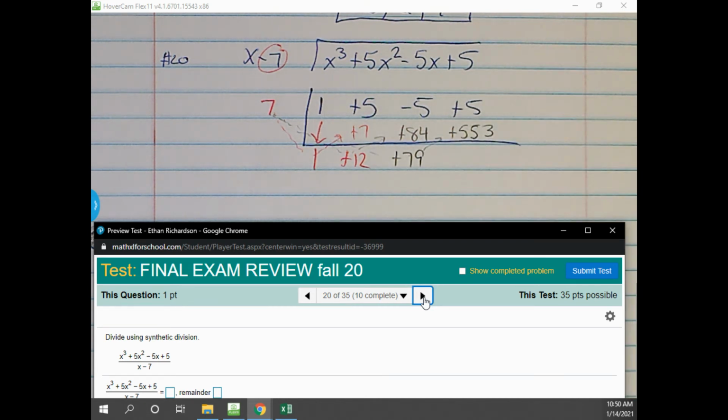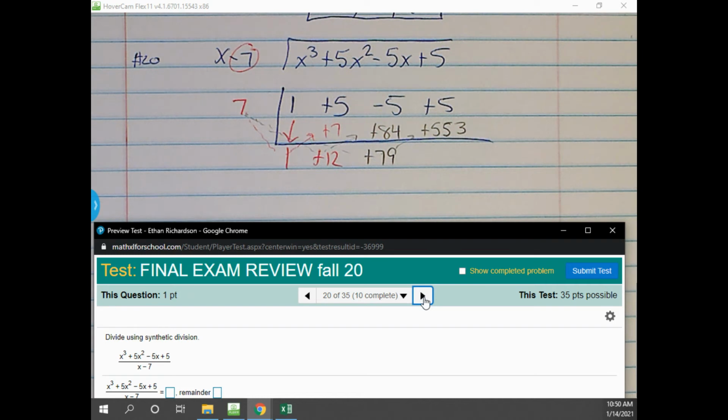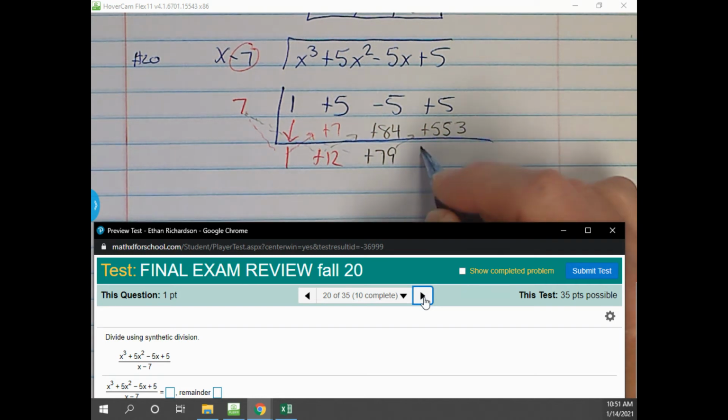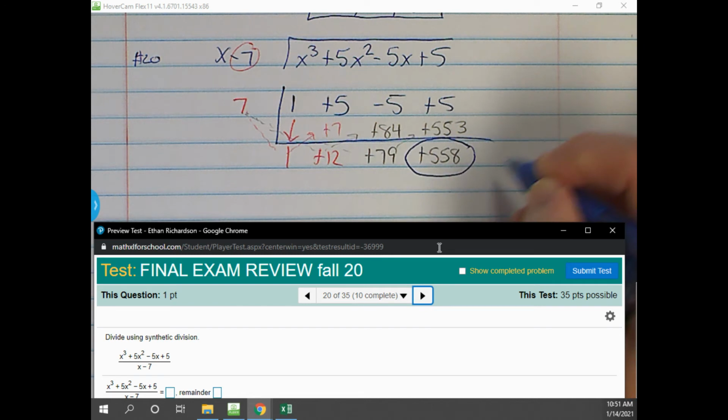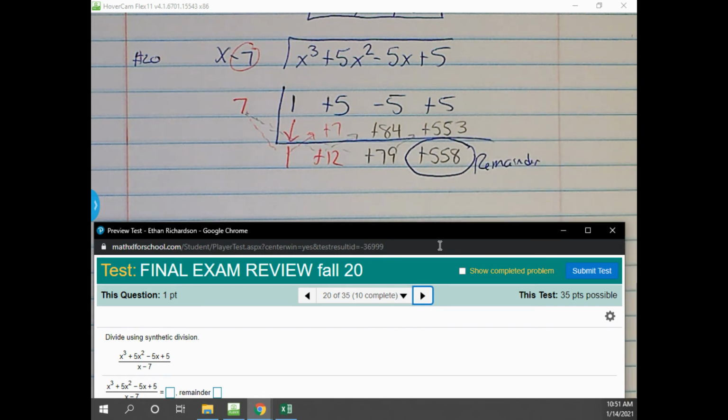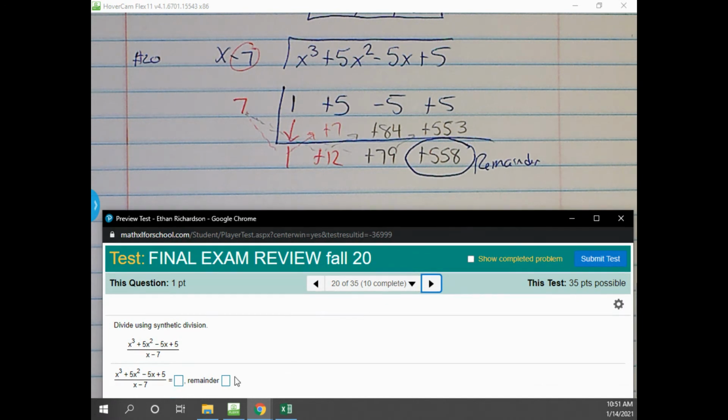Okay. That's why you always double check, even if you're doing it in your head, because sometimes you make mistakes. Add those together, that is 558. Okay, last number is your remainder. That would go here for the remainder block.